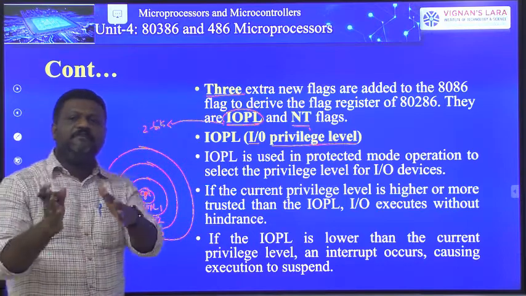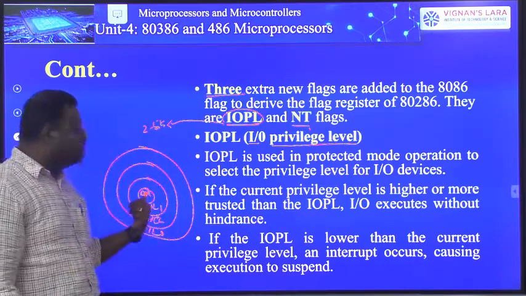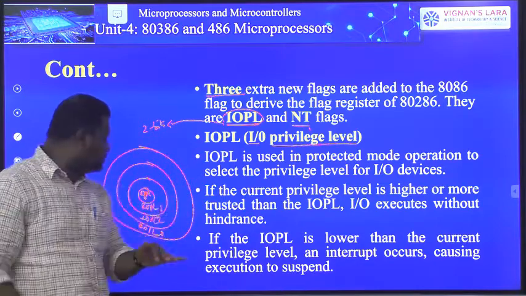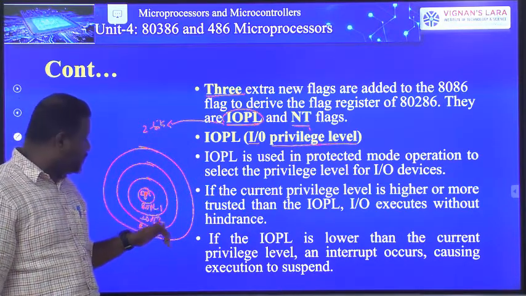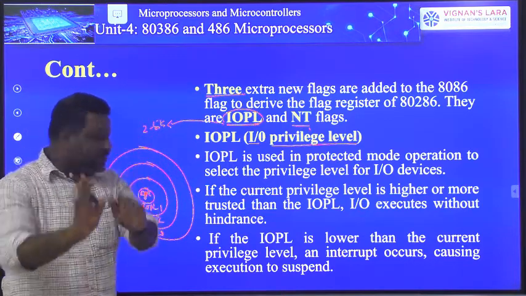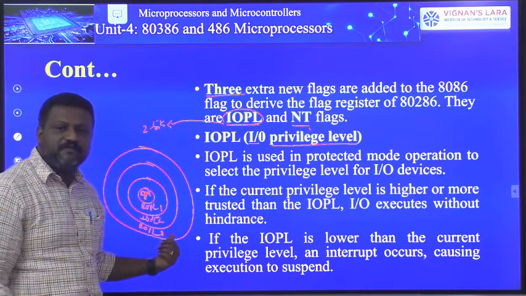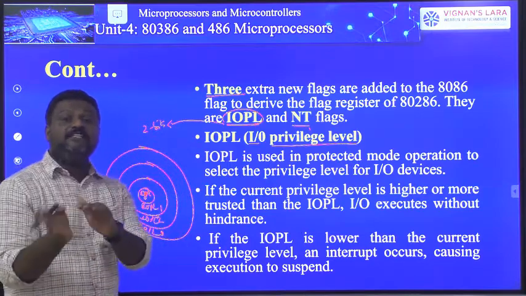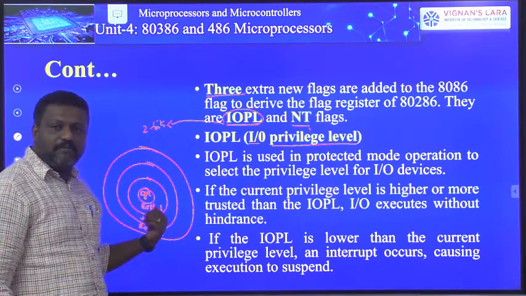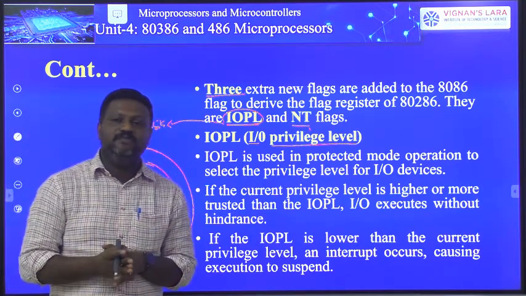That means, if a person is able to access the information at IOPL 0, he is also able to access the information from IOPL 1, IOPL 2, IOPL 3. But if a person is able to access the information from IOPL 3, he is unable to access the information from either IOPL 2 or IOPL 1 or IOPL 0.